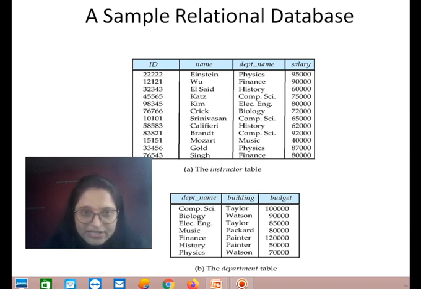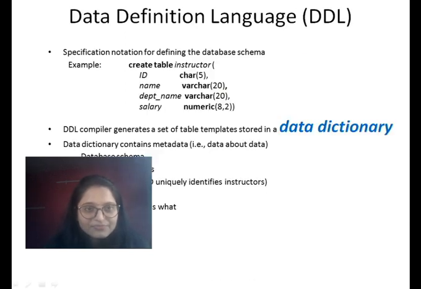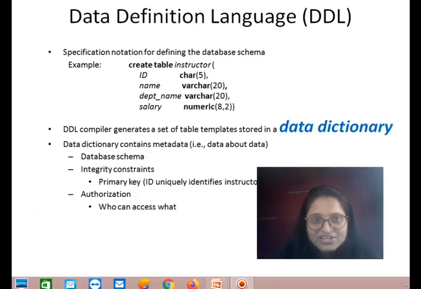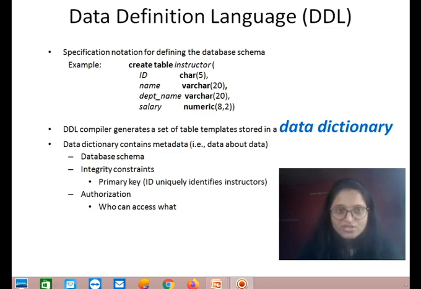If I want to create this table, first I draw a simple structure for the instructor table using data definition language, that is DDL. So dear student, DDL is specific for creating database schemas. We already covered the difference between schemas and instances. So DDL, data definition language, is a specification notation for defining the database schema.